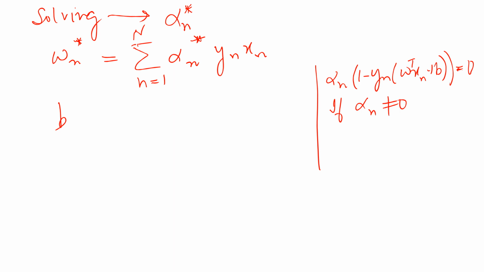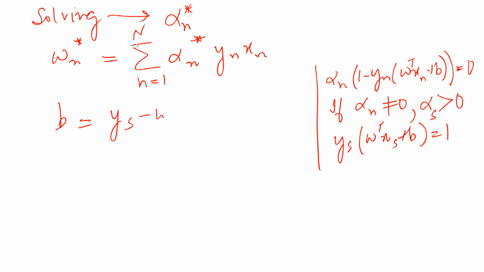Let us call it alpha s, where s denotes support vector. And that alpha s, because it's not equal to 0, is going to be greater than 0, right? If that is the case, then I'll have ys (w transpose xs plus b) equals 1, right? So rearranging a little bit, I can get this b, which is ys minus w star transpose xs. You can directly get this from this equation.